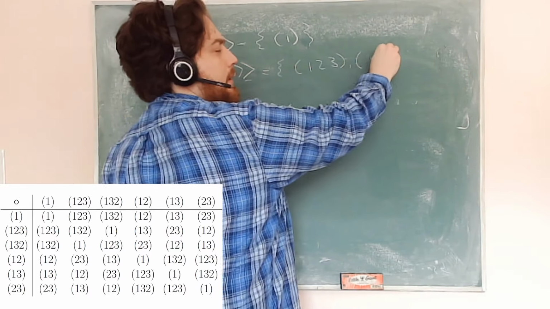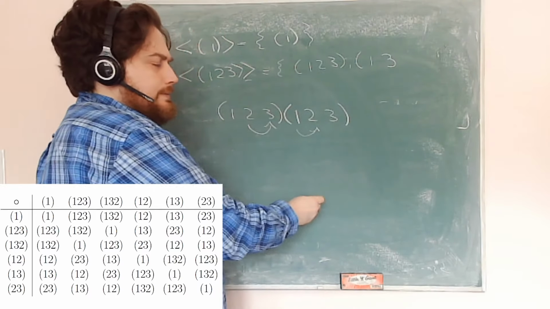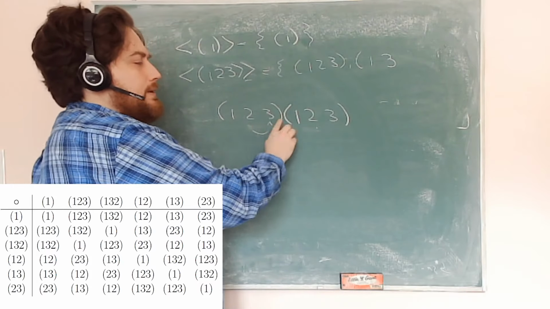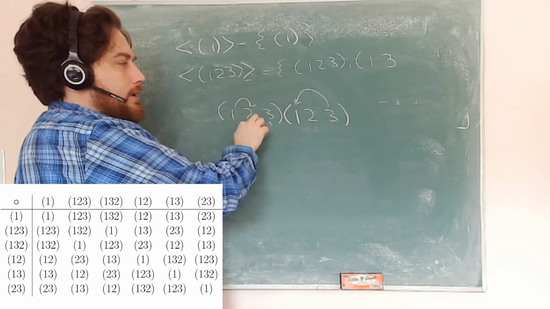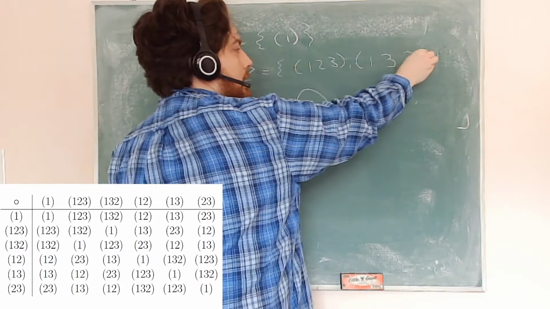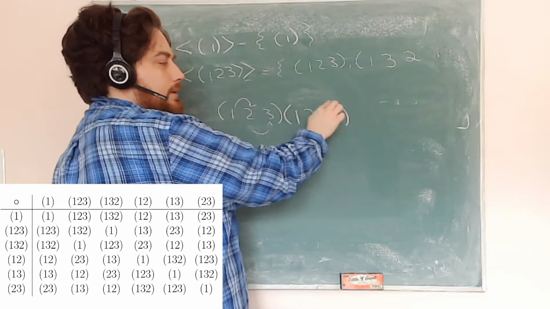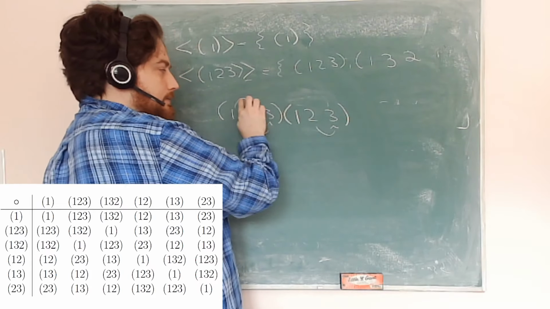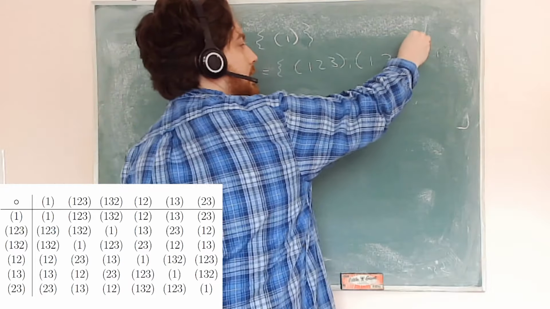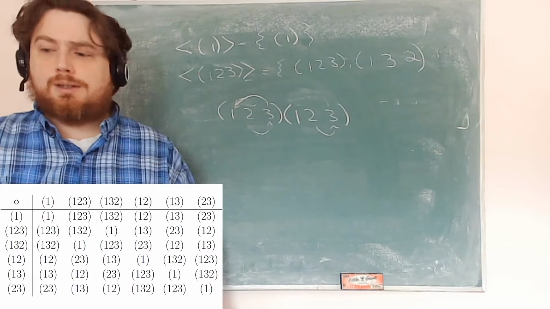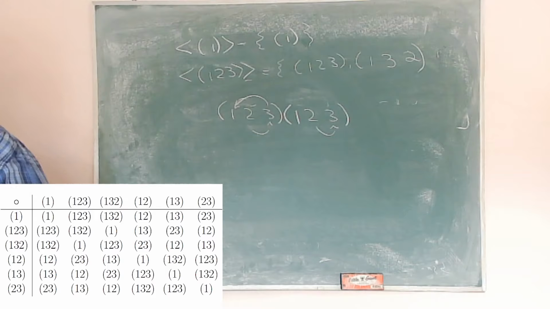So I end up with 1 going to 3. Then I'm going to start with 3 and say 3 goes to 1, 1 goes to 2, so 3 ends up at 2. And then if I start at 2, 2 goes to 3, 3 goes to 1, so 2 would end up at 1. So I'd end up with the permutation 1, 3, 2.